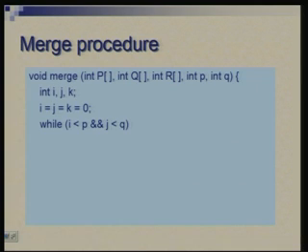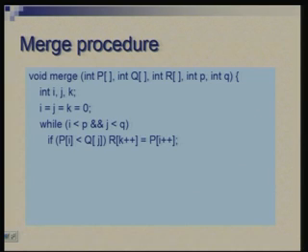So, here is the beginning of a while loop which will go over the arrays as long as both the arrays are not fully scanned. So, i and j are indices to P and Q and as long as these are less than the max limits, you keep on scanning and try to find which is the smaller element, which is the larger element and pick up the one which is smaller.